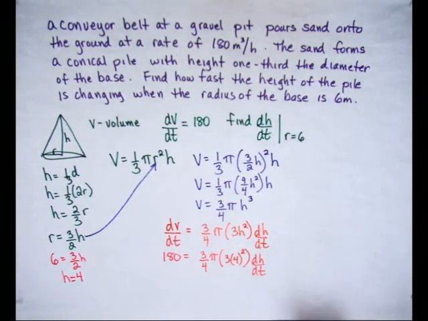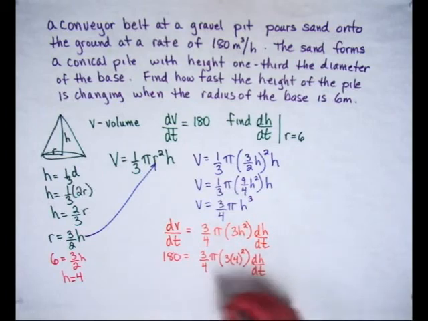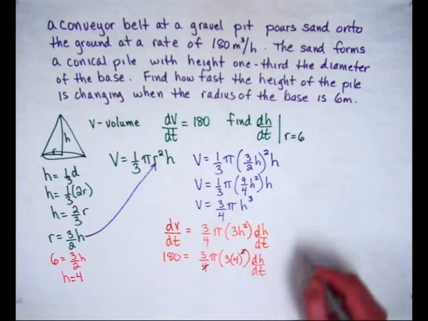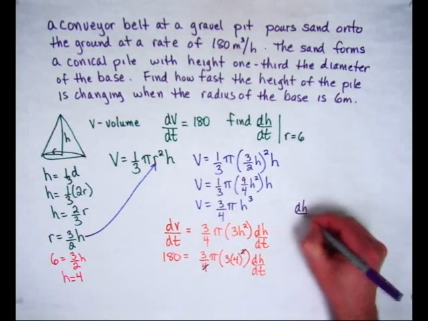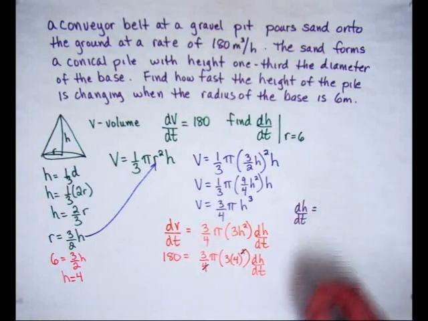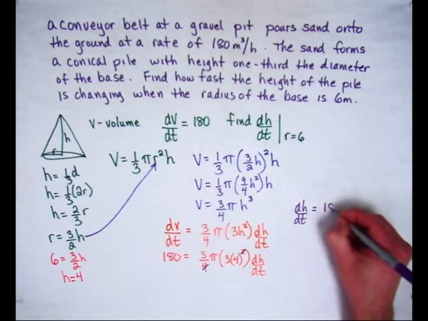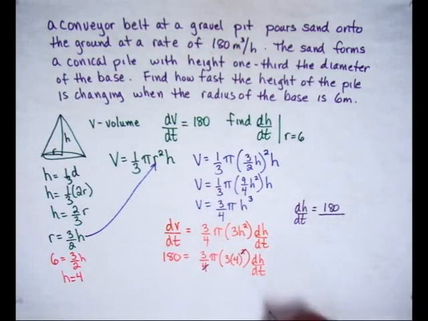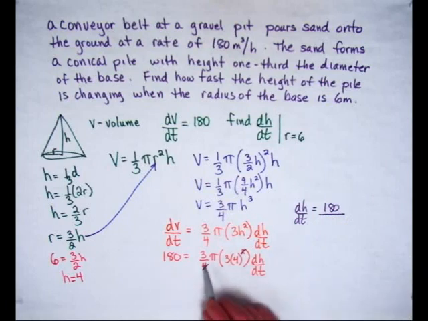Now the rest of it is just solving for dH/dt. You can just use a calculator if you want. I like to work it out in the exact form. This 4 squared is being divided by 4, so I can divide out that 4 with that one. And so my dH/dt is going to equal 180 divided by 3 times pi times 3 times 4.